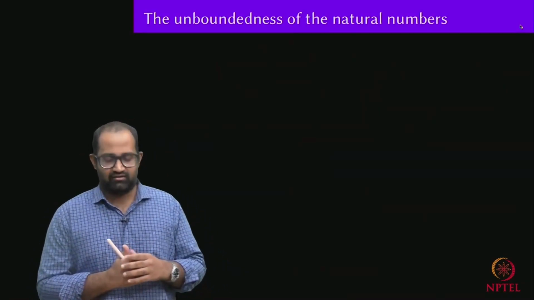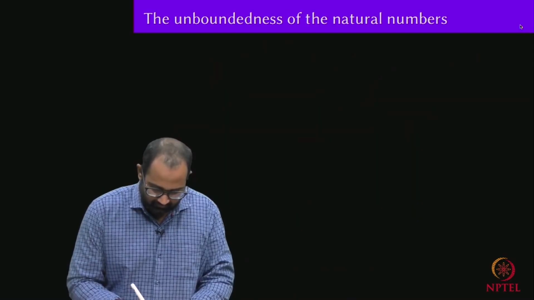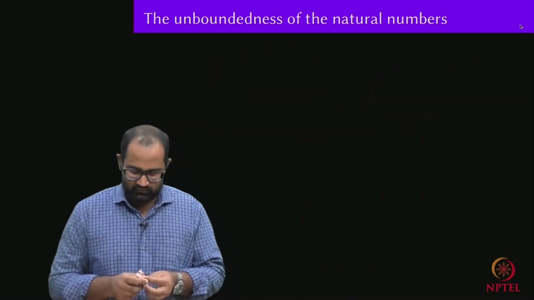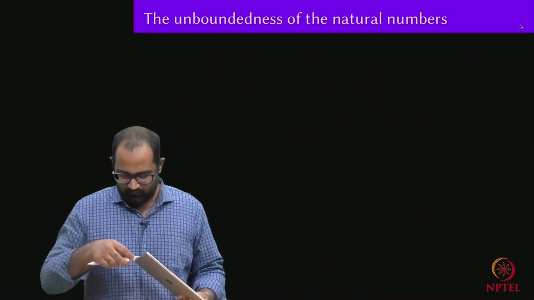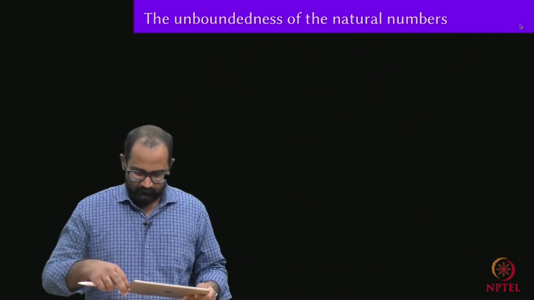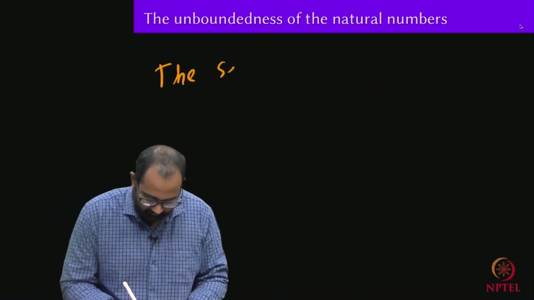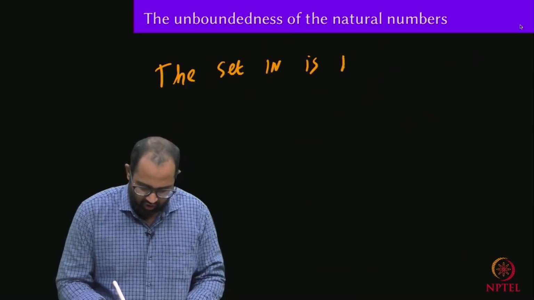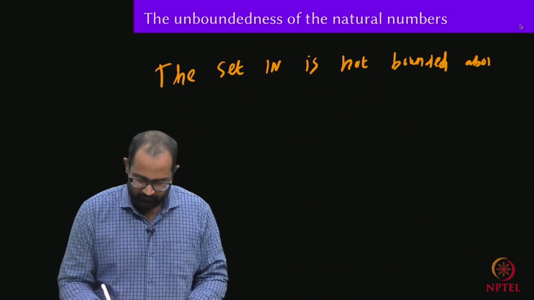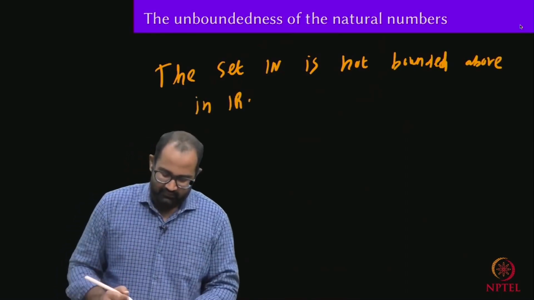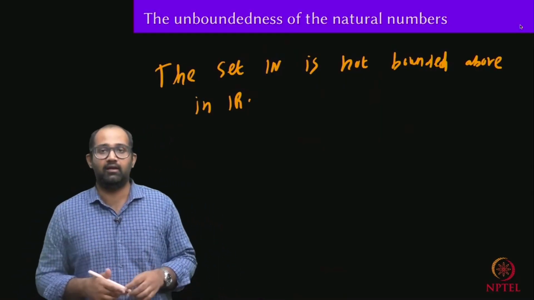What does this unboundedness of natural numbers say? It says the set N is not bounded above in R. That is, there is no real number that can dominate every single natural number.